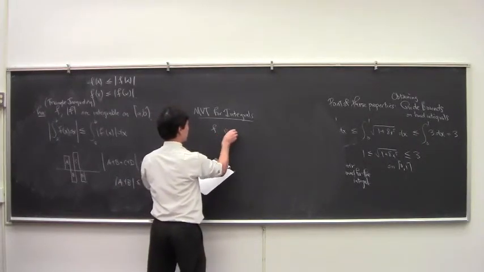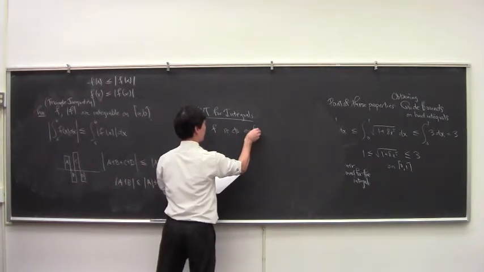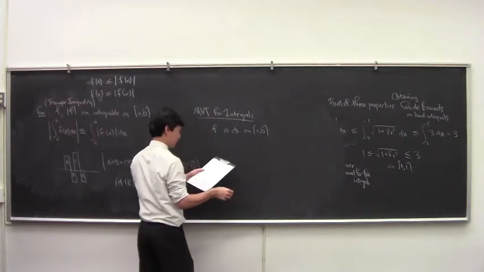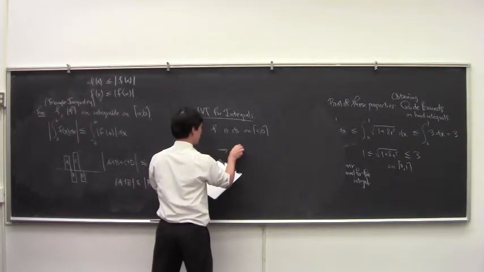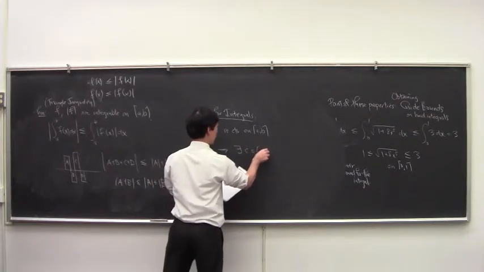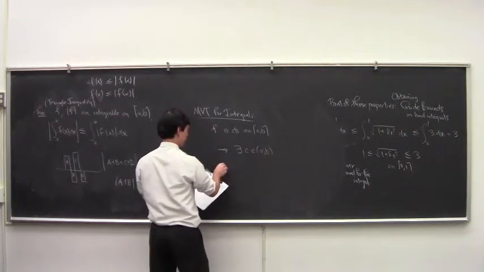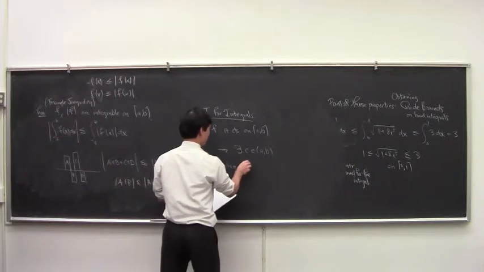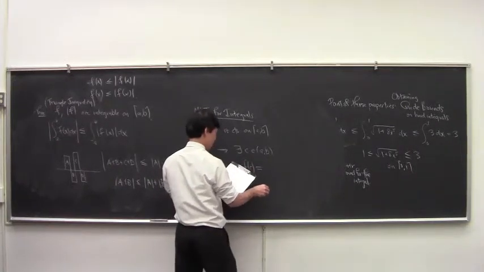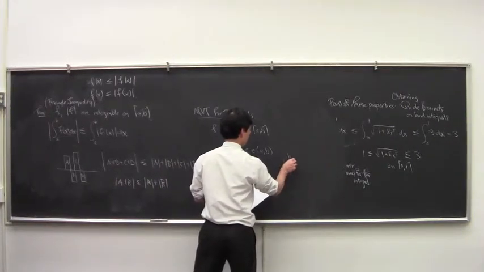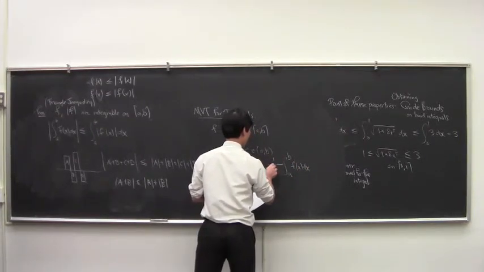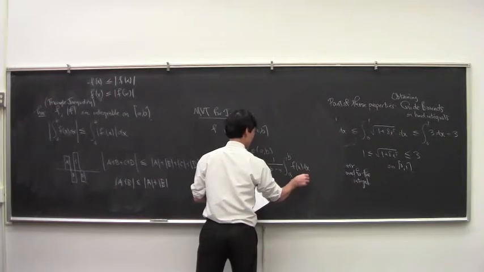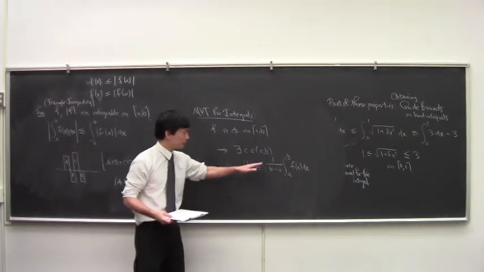If f is continuous on [a, b], then there exists a point c in [a, b] where f of c equals the integral of f from a to b times 1 over b minus a.